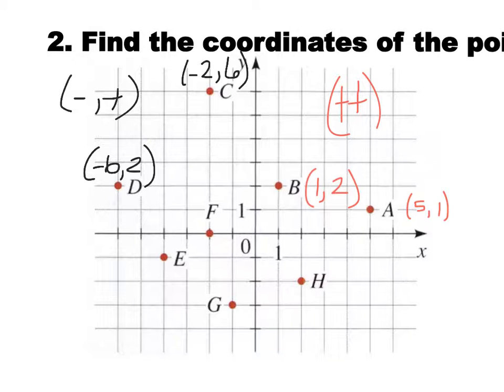What about E? How would you get to E? Good, negative 4, negative 1. What about F? Negative 2, 0. Good. What about G?